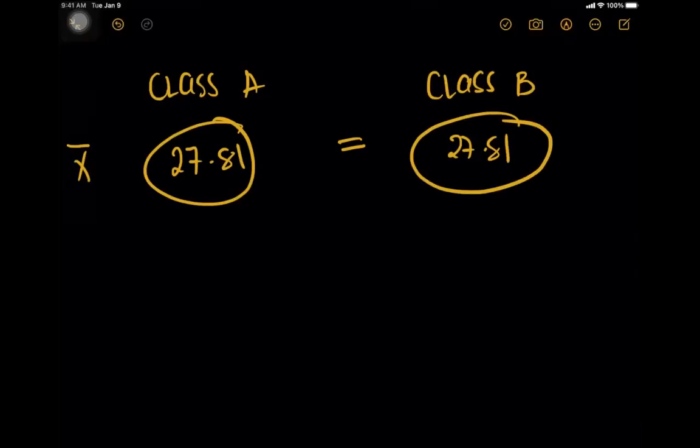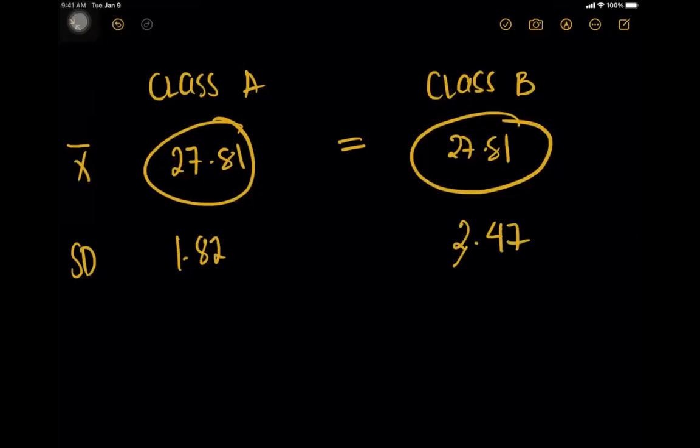That means that their mean is the same. So therefore, they perform similarly. However, if we look at the standard deviation and assume that the standard deviation for class A is 1.82, while the standard deviation for class B is, let's make it bigger, 3.47, this will now tell us that even though the mean scores are the same, there might be some difference.